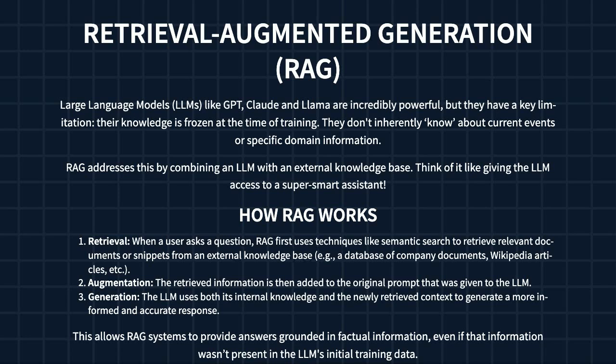It works in 3 steps. First, it retrieves the most helpful pieces of data related to your question. Then, it adds that new info into the original prompt. And finally, the LLM uses both its existing knowledge and this fresh context to craft a more accurate and well-informed response. It's like giving the AI assistant access to a super smart research tool.